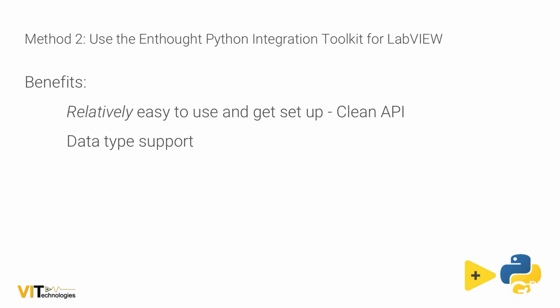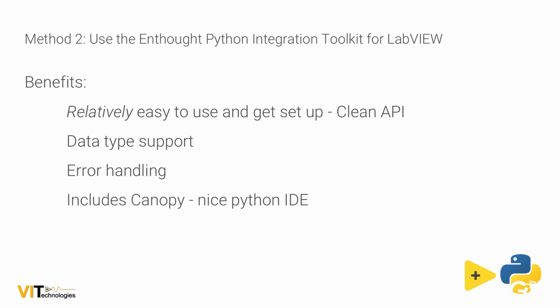And most of your normal LabVIEW data types are supported. It also has pretty good error handling, so you don't have to do it all yourself. And it also includes Canopy, which is a nice Python IDE that normally you have to pay for. So that's kind of nice. It also has pretty good package support, so if you want to install things like OpenCV and use that, that's nice because it integrates very well.